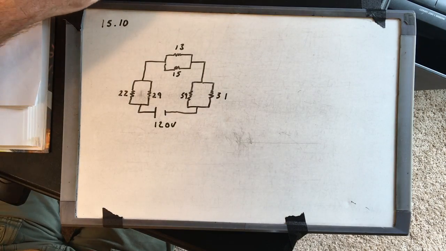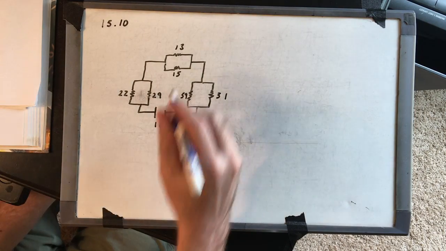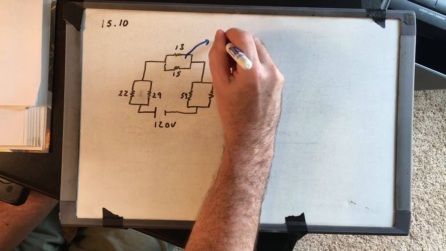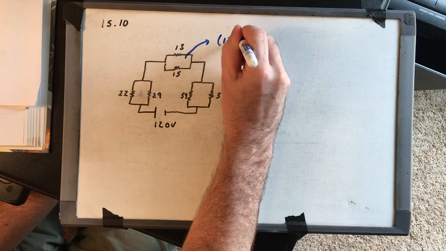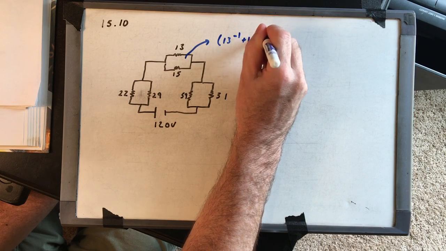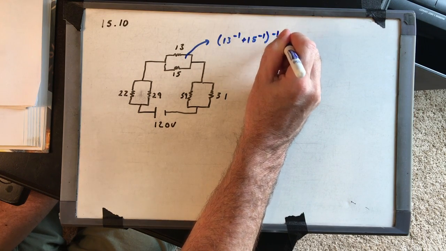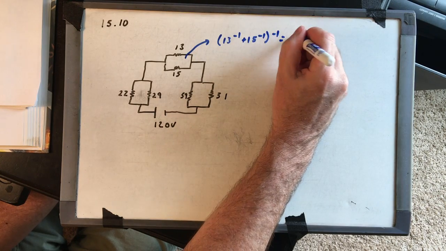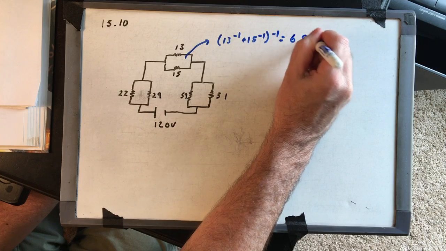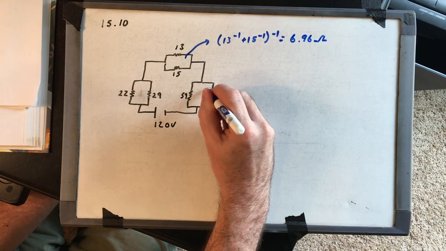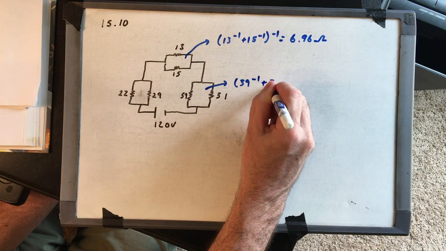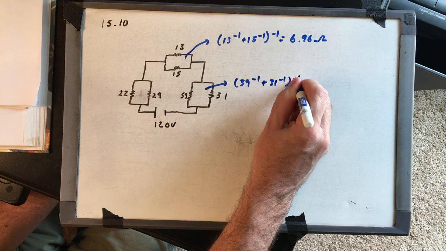So in blue, I'm going to do the effective resistance of each branch. This top one would be 13 to the minus 1 plus 15 to the minus 1, all to the minus 1. And that is 6.96. For this branch, I've got 39 to the minus 1 plus 31 to the minus 1, all to the minus 1.